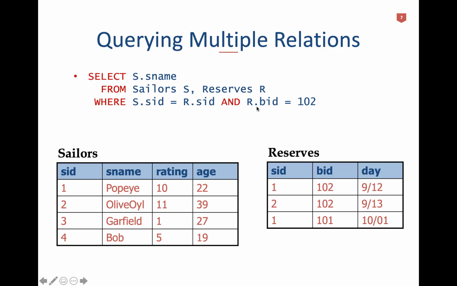And then for r.bid equal to 102, we will only be left with those where the bid is equal to 102. In this case, it's going to be, for example, one from Popeye and one from Olive Oyl, right? These two only have 102 as their bid. You are supposed to implement it and check the result.